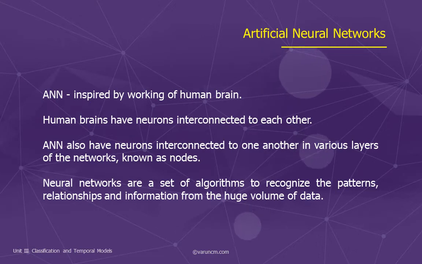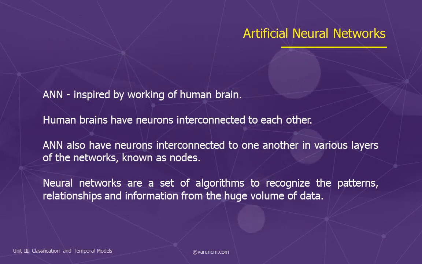We call those neurons in this artificial network nodes. So the artificial neural network is similar to the human brain. It also contains various neurons connected to one another in various layers of the network. Those neurons we are calling nodes in this ANN.